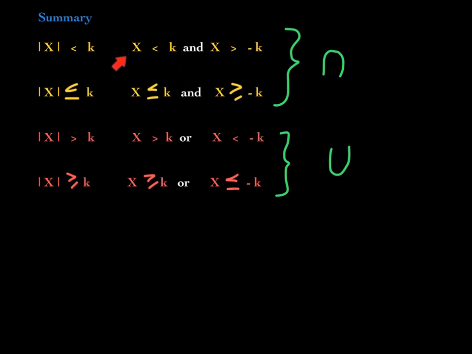Notice that the first inequality is always the same as the original, right? Nothing changed. The second inequality, two things changed, the symbol and the sign on your constant. Same thing here. This is non-strict. It's a compound inequality with the word and. First inequality is the same. The second, two things change, the symbol and negative k.